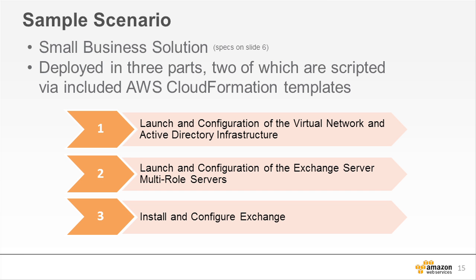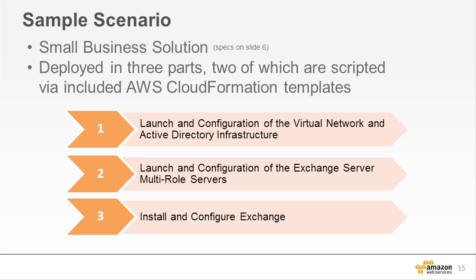So in this first template that we provide, we launch this entire infrastructure and the Active Directory site design. I think for our deployment, we choose a single site design to take advantage of the smart routing that Active Directory inherently provides.